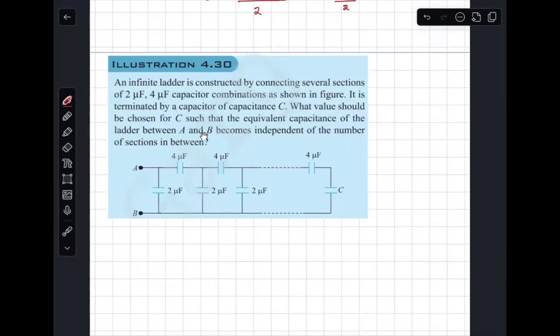You have an infinite ladder which is constructed by connecting several sections of 2 microfarad, 4 microfarad. You can see that. It is terminated by a capacitance of capacitance C. What value should be chosen for C such that the equivalent capacitance of the ladder between A and B becomes independent of the number of sections in between?